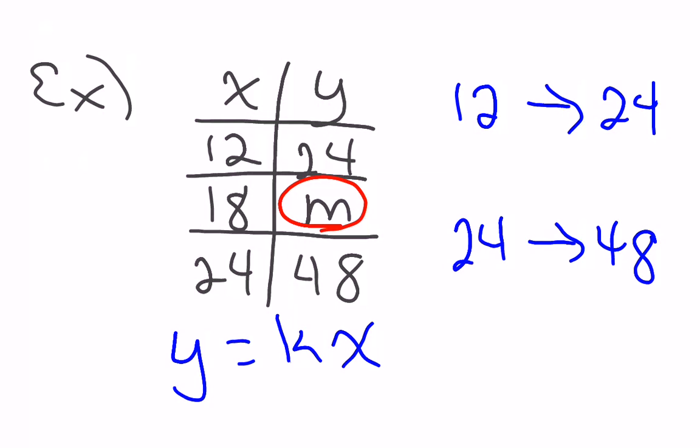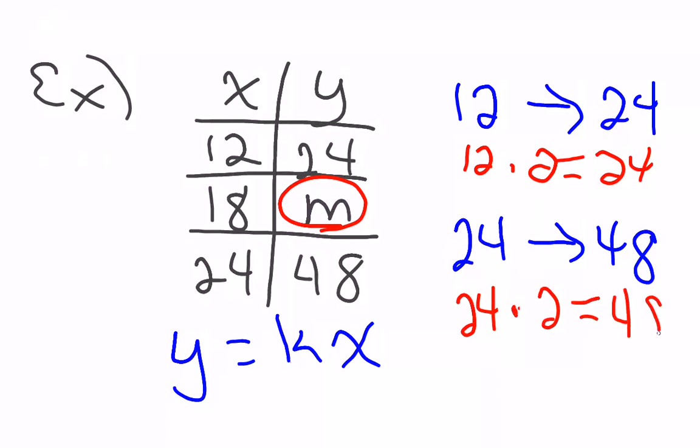So what times 12 gives us 24, and what times 24 gives us 48, and that number should be the same for both. So if we think about it, 12 times 2 should get us to 24. Now let's see if that works. Is 24 times 2 equal to 48?